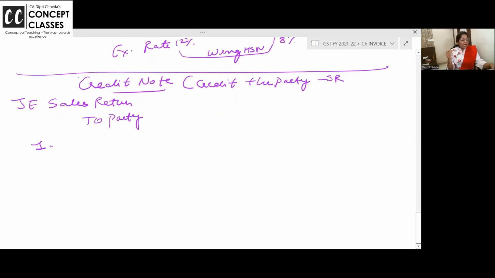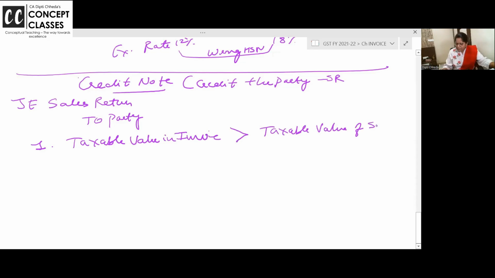हाँ, आपने वैल्यू ज्यादा चार्ज कर दी है. Taxable value in invoice is more than actual taxable value of supply.